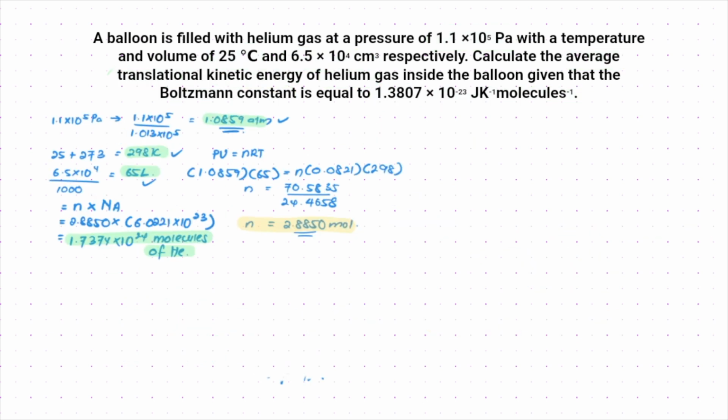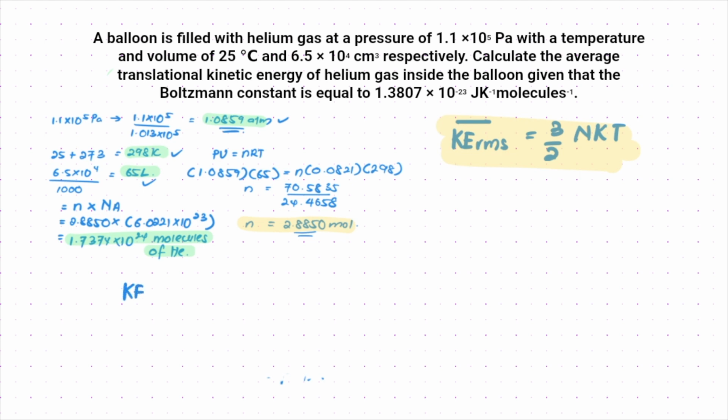The formula for the average translational kinetic energy is KE RMS equivalent to 3 over 2 N, which is the number of molecules, times k, which is the Boltzmann constant, times T. Now we're just going to plug in the values.